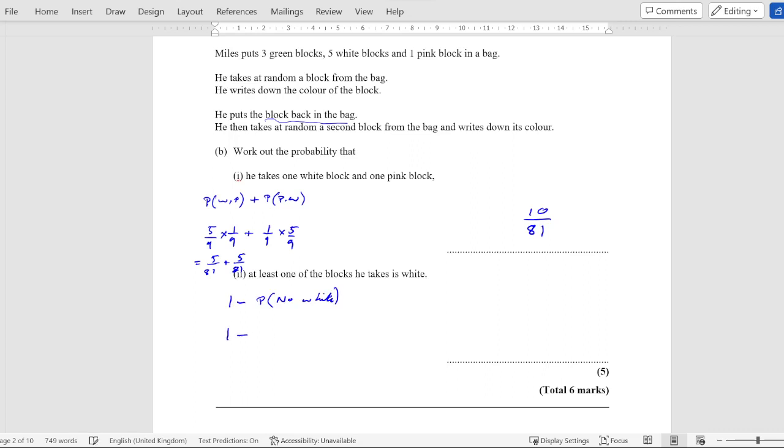So that's going to be 1 minus the probability of not picking white the first time. If there are 5 white blocks, the probability of not picking a white is 4 blocks left over out of 9, and then that's the same the second time. So that's going to be 1 minus 16 out of 81, which is just 65 out of 81.